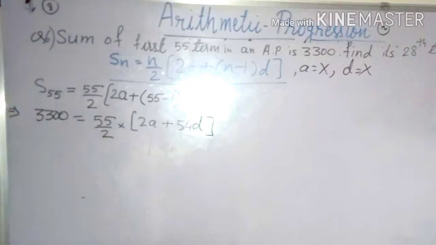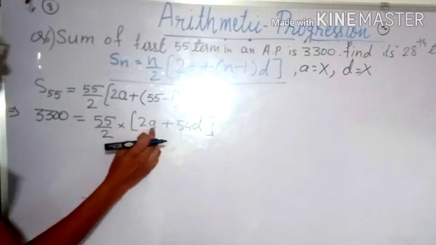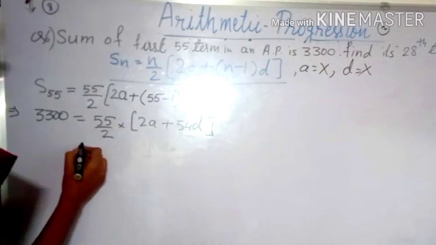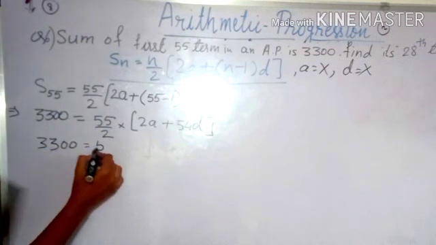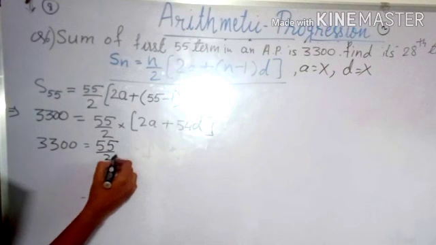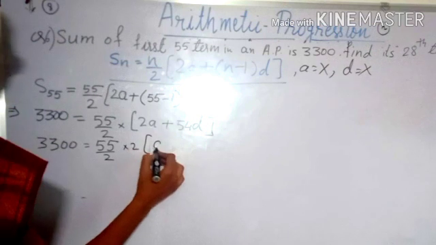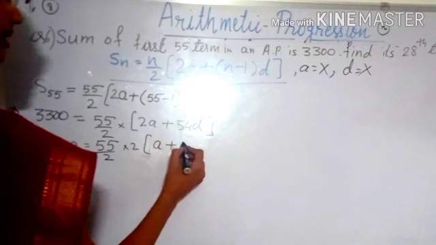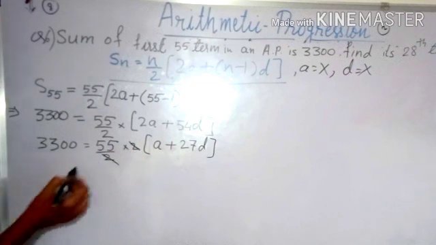Now as you know, 55 is not divisible by 2, but observe carefully, here it is a multiple of 2 and 54 is also a multiple of 2. So we are going to take 2 common. 55 divided by 2 is as it is. Take 2 as common, then what will happen? a plus, this will become 27d. Now 2 and 2 get cancelled.